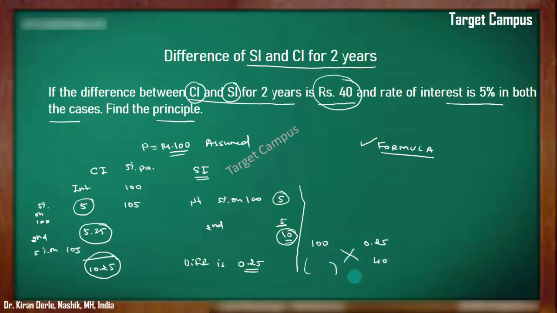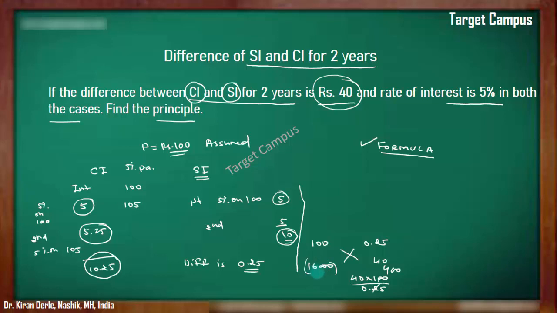Solving this, we get 40 into 100 upon 0.25, which is 16,000.